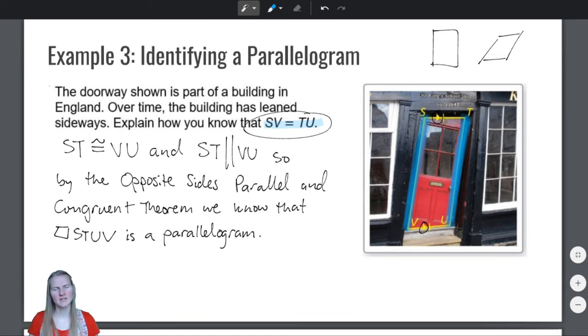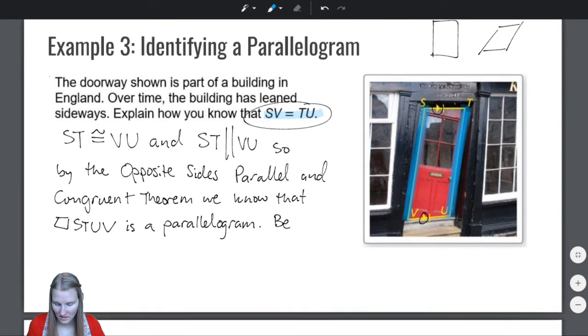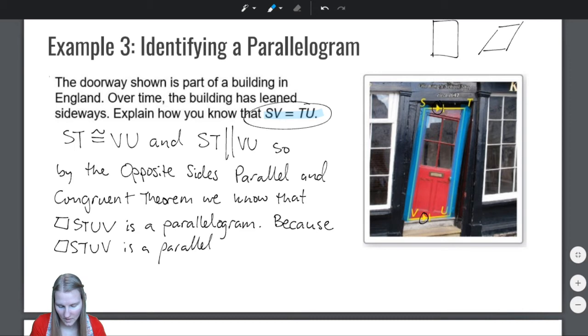Is that it? Am I done now? Why do I care that the door is a parallelogram? Well, SV and TU are opposite sides of the door. So because quadrilateral STUV is a parallelogram, opposite sides are congruent.